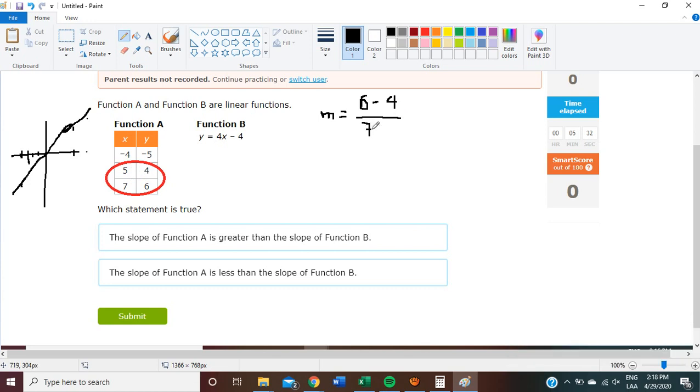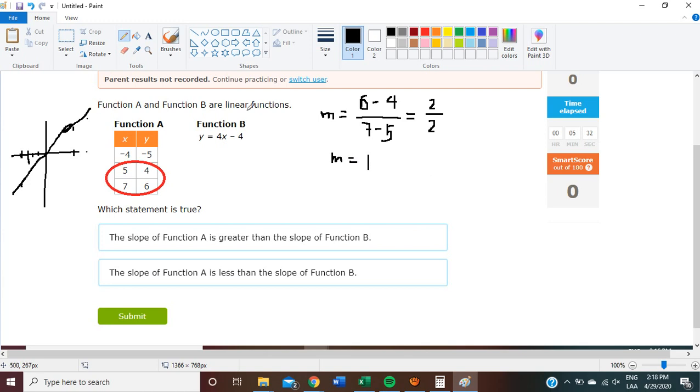So 6 minus 4 equals 2, 7 minus 5 equals 2. So the slope for this table is 1.